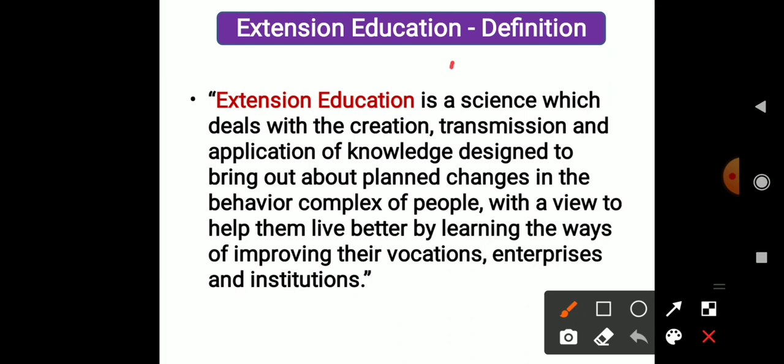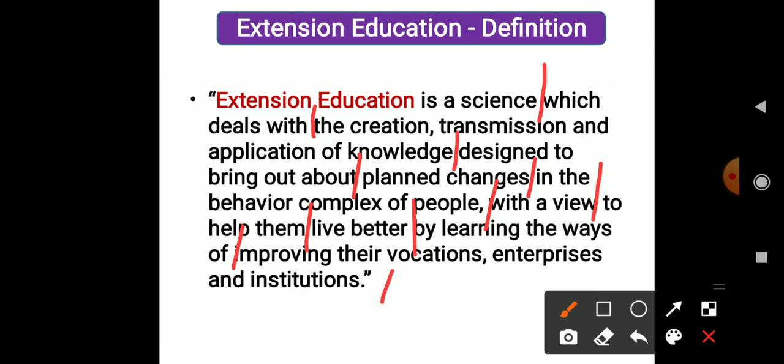Extension education is, you can say, the science which deals with the creation, transmission and application of knowledge designed to bring about planned change in the behavior complex of the people with a view to help them live better by learning the ways of improving their vocation, enterprise and institutions.